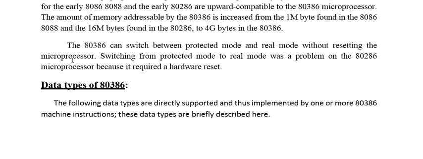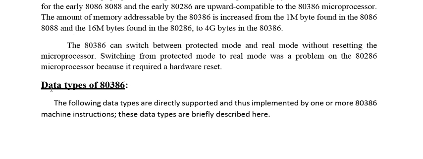The 80386 microprocessor has the ability to switch easily between real and protected mode depending upon the type of instruction it is given. Switching from protected mode to real mode was a problem on the 80286 microprocessor because it required a hardware reset. Previously, the 80286 had a problem in switching between real and protected mode because it required a hardware reset button for this. But this problem is resolved in the 80386 microprocessor.